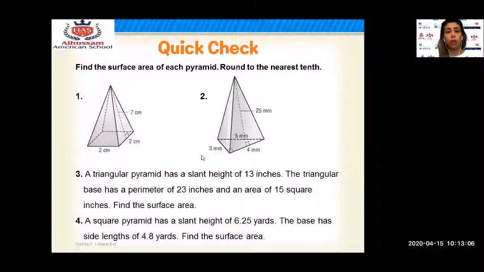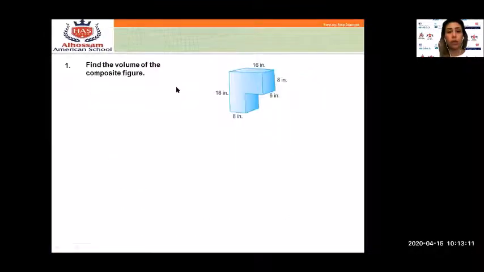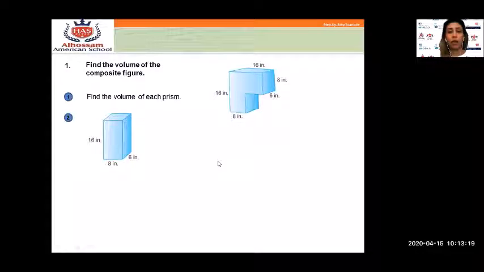Yesterday we solved one question, I guess, and it was regarding volume. As I said yesterday, we have to split or separate the shapes into two shapes and find each volume separately.